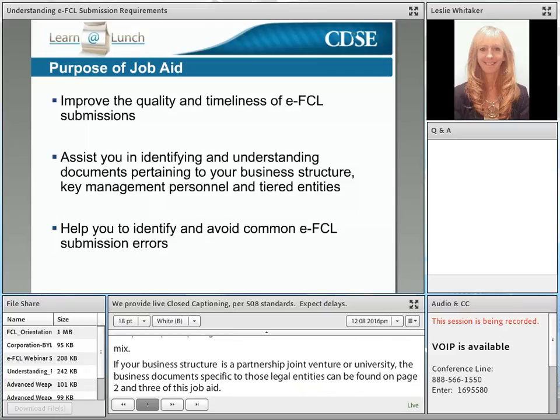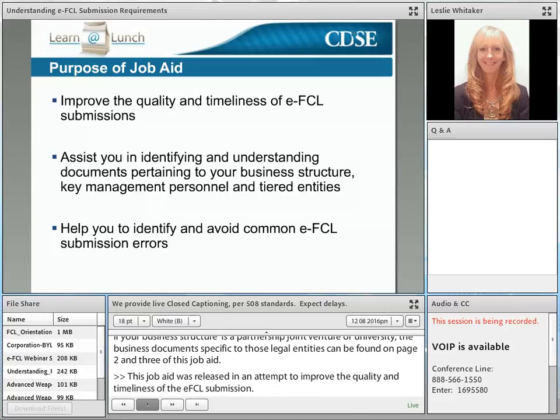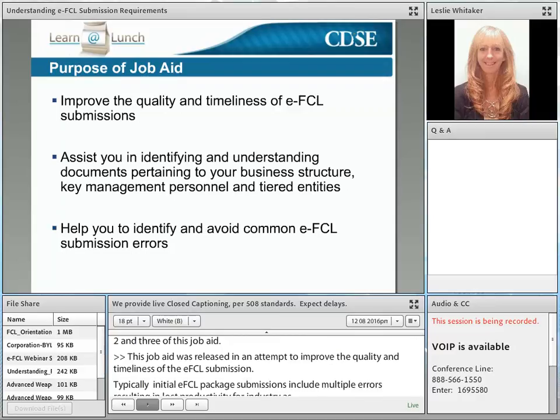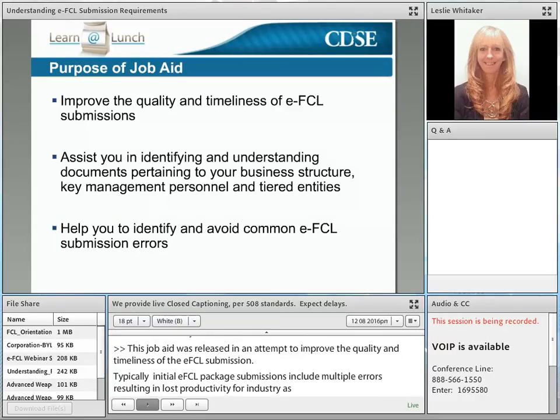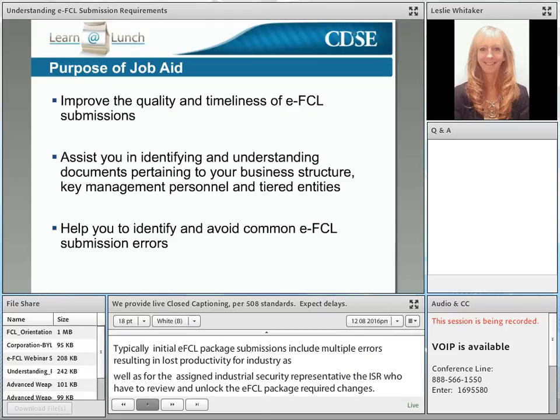Typically, initial eFCL package submissions include multiple errors, resulting in lost productivity for industry, as well as for the assigned industrial security representative, the ISR, who must review and unlock the FCL package for required changes. This unnecessary rework adversely impacts industry's ability to meet the 20-day eFCL submission deadline for in-process facilities and leads to delays in processing and approving your eFCL package.